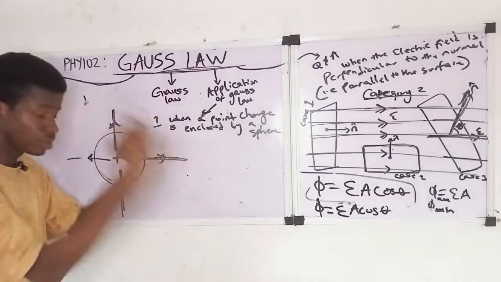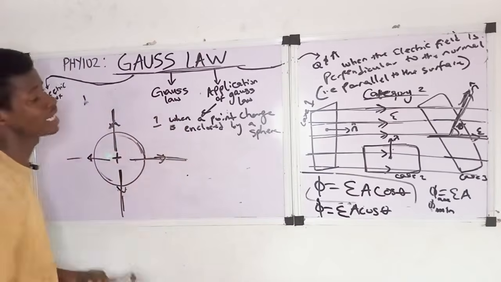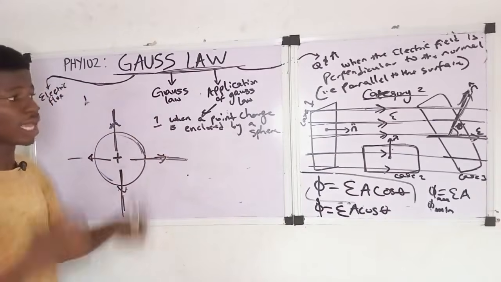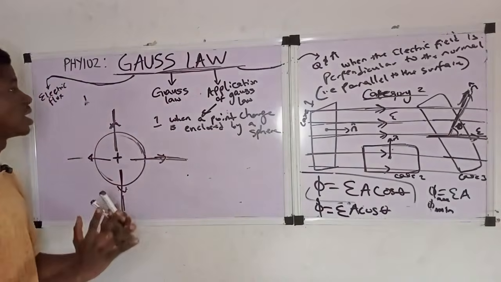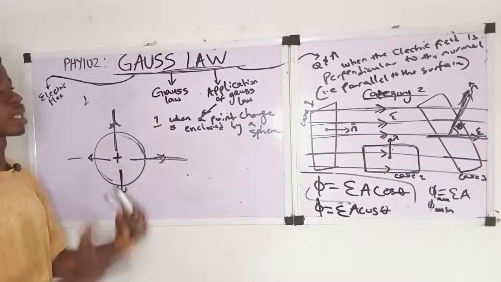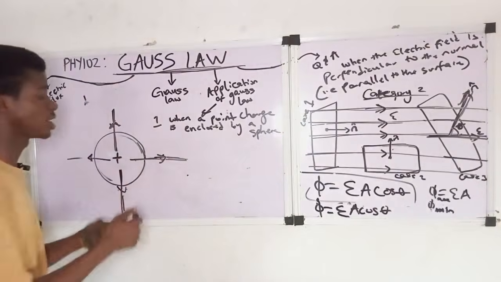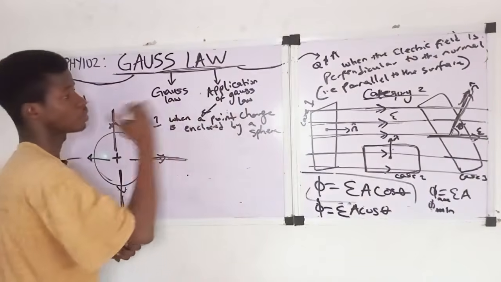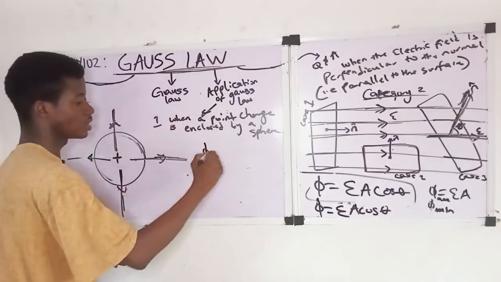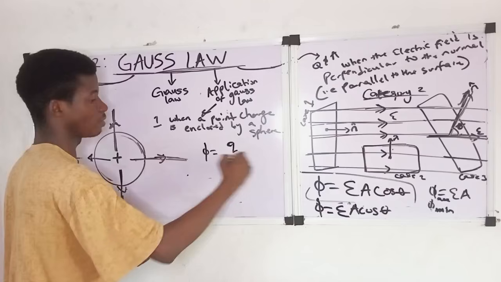But let's continue. What will be the formula we are going to use to calculate the electric flux? Remember, this is an application of Gauss law. Gauss law states that charge enclosed divided by what?